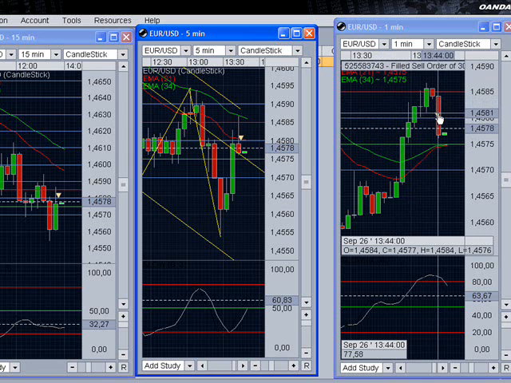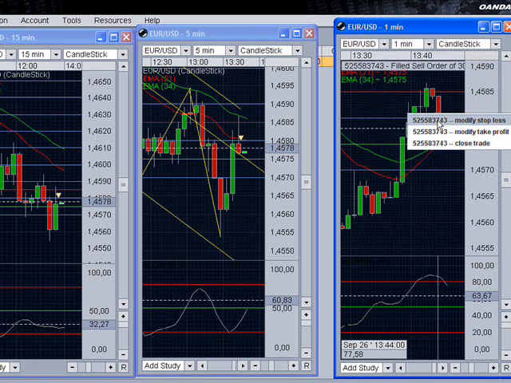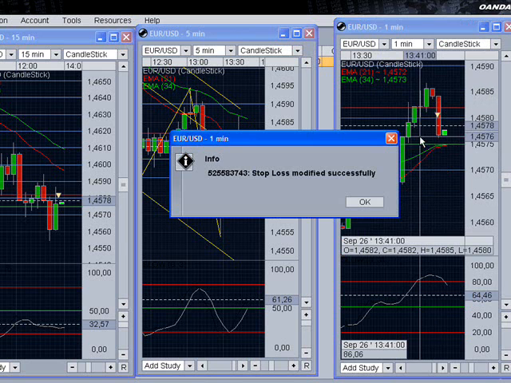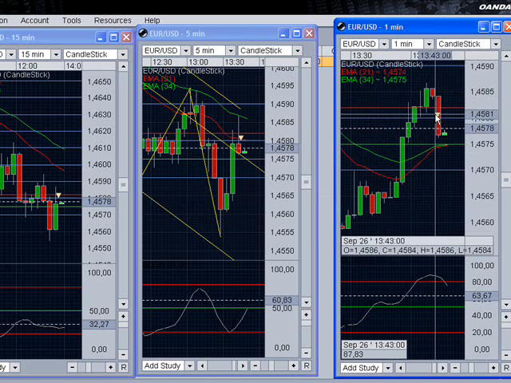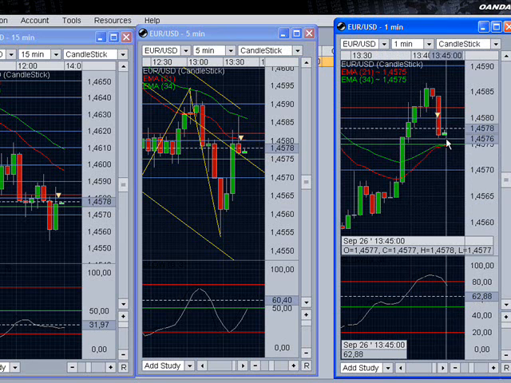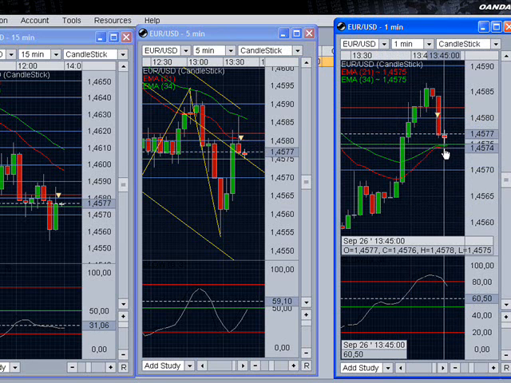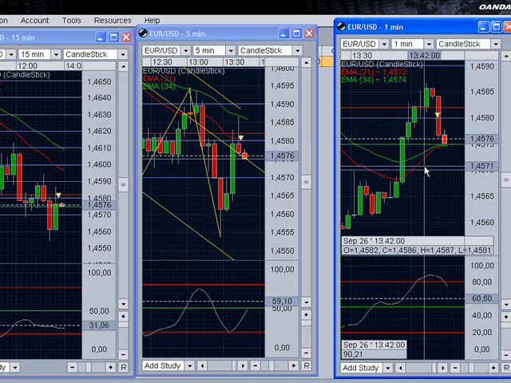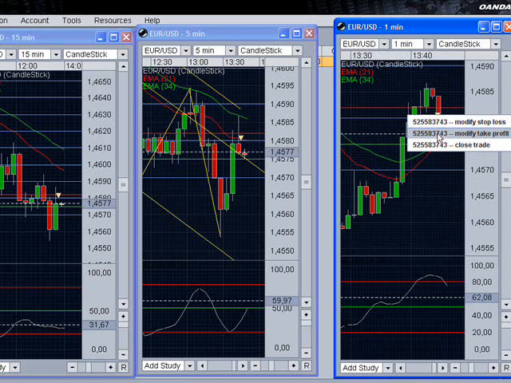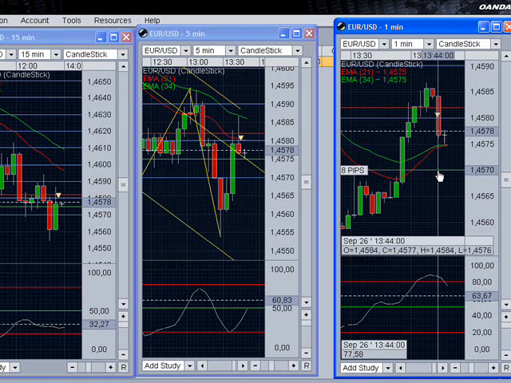I can even move the stop loss just above the entry, so in case the price goes up, then I will lose just a couple of pips, in case it decides not to continue and goes up. It is almost there. I will try to change the take profit if I have the time.